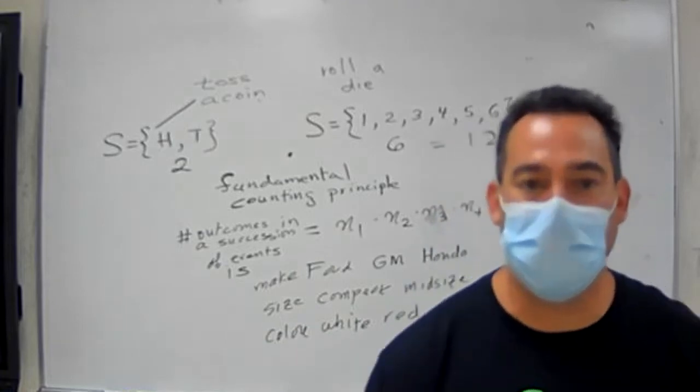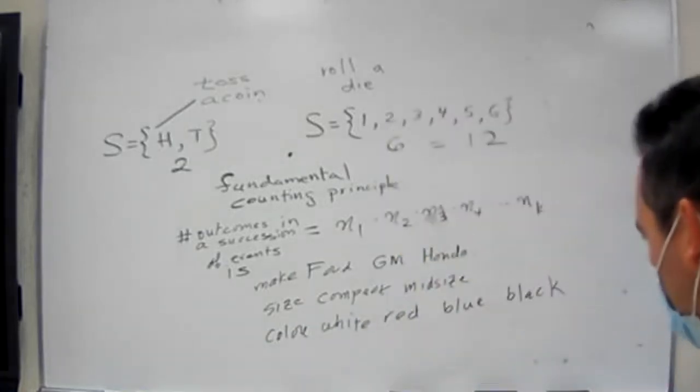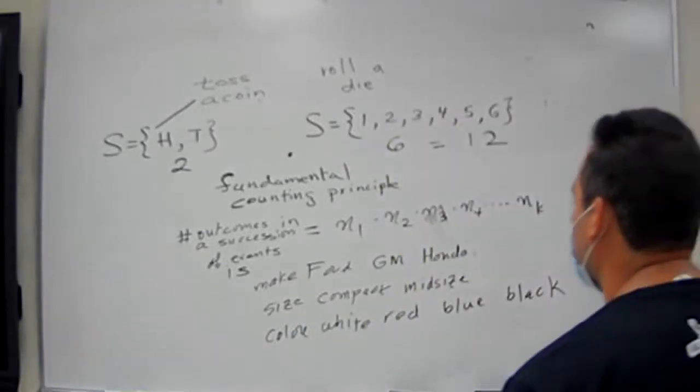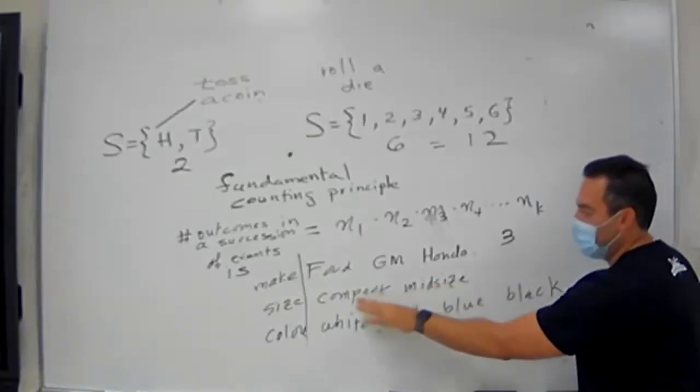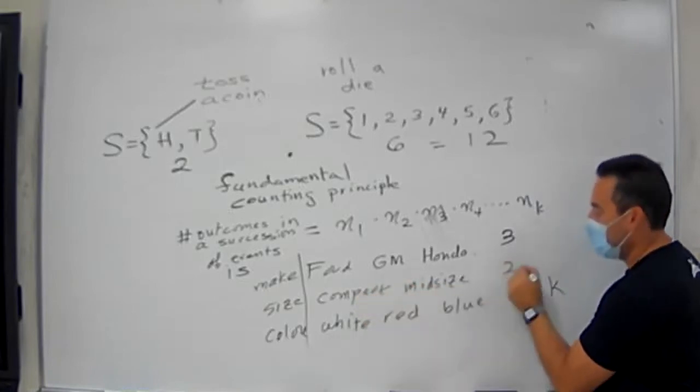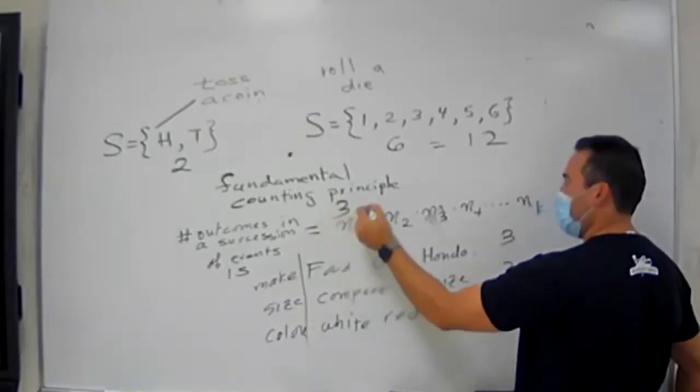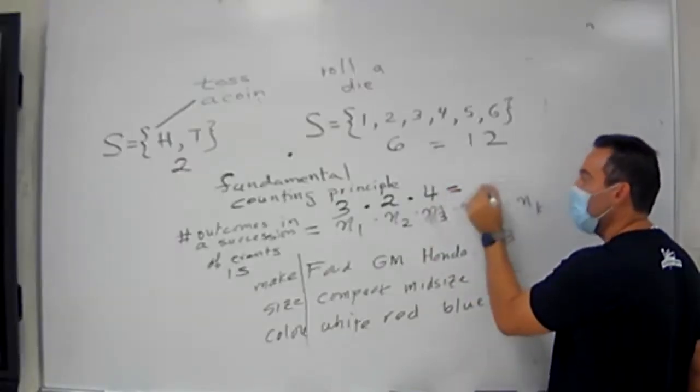So how many ways could you pick a car? How many ways can you pick the make? 3. How many ways can you pick the size? 2. How many ways can you pick the color? 4. So 3 times 2 times 4, which equals 24.